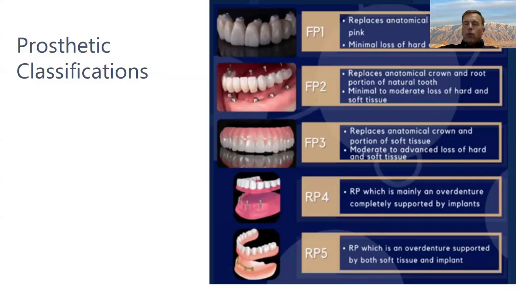And they're the one of these that can potentially have bone resorption because of the, like in this case, the pressure of the denture on the heels of the tissue. RP4 restorations are getting more and more popular because they're a removable that is fully supported by implants. So it gives your patient the opportunity to have a removable restoration that's just as stable as a fixed restoration.